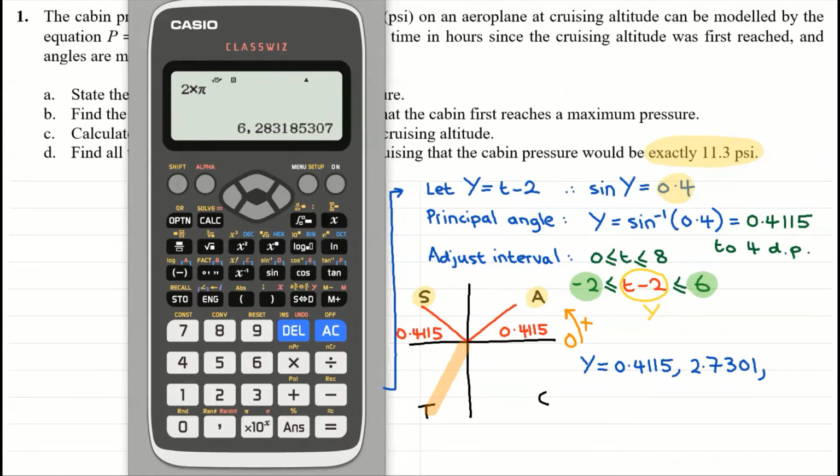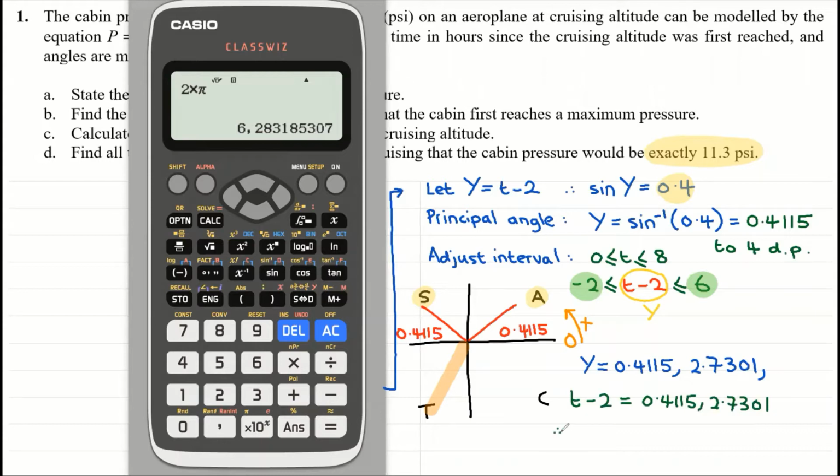Now then, let's figure out what our t values are going to be. So remember, we're going to replace the y with t subtract 2, which we can do. So we're going to have t subtract 2 is equal to all the same stuff: 0.4115 and 2.7301. So all we have to do to get our final times is to add 2 to those values.